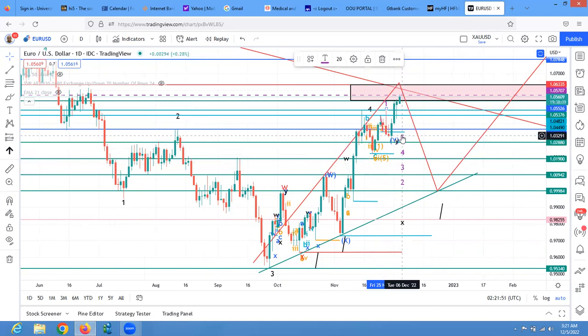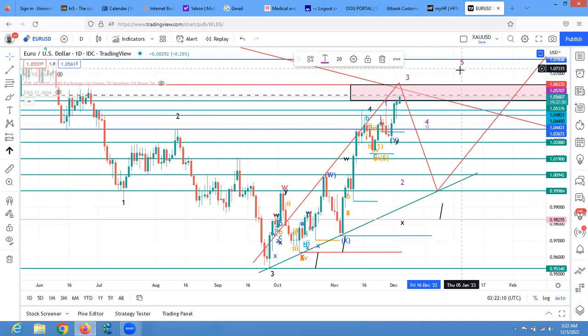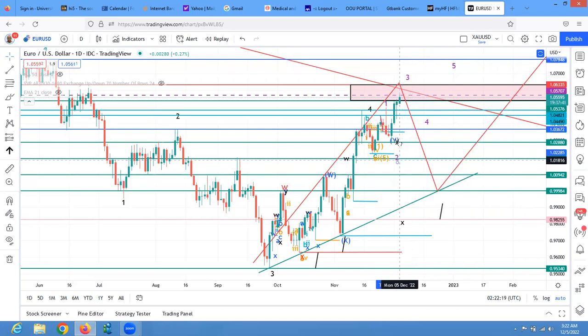And we are doing a 3, to see a 4 before we go to a 5. Then we believe that this is after a 1, this is where the 2 has ended. Let me take this out.